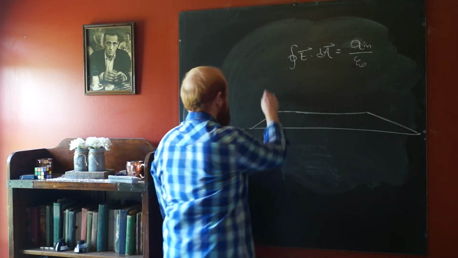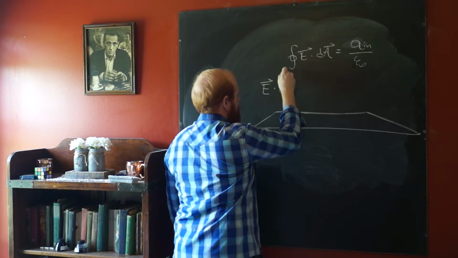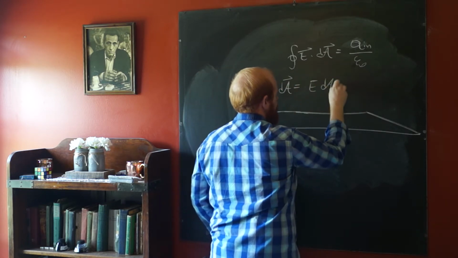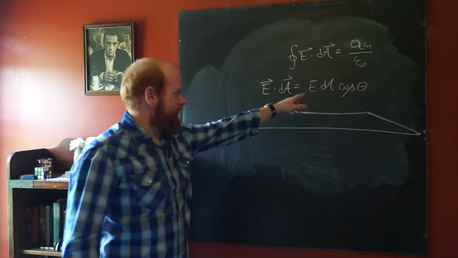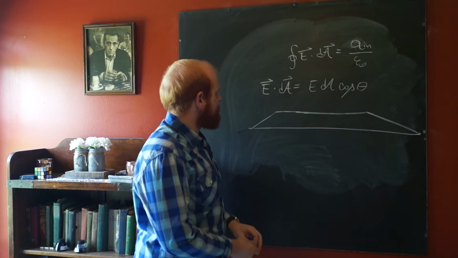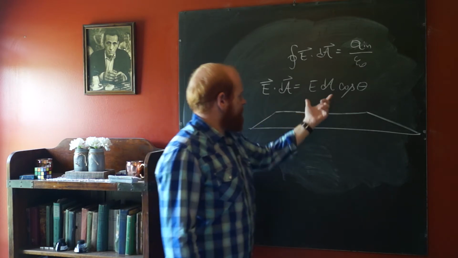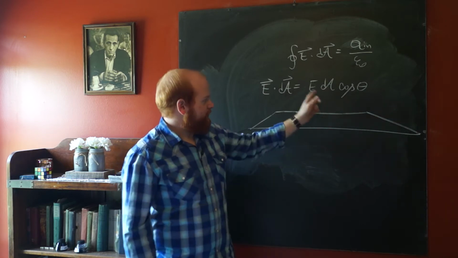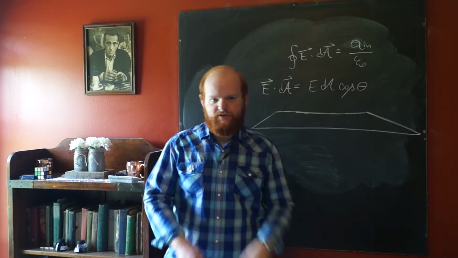So remember how dot products worked: E dot dA is equal to E times dA times the cosine of the angle between E and dA. That's just expanding what the dot product means. And so right here we have this cosine theta term. We have to think about how the electric field relates to theta. The electric field could actually be a function of the angle.